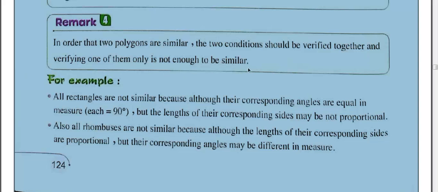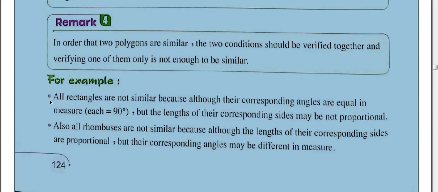For example, all rectangles are not similar because although their corresponding angles are equal in measure, each equal to 90 degrees, the lengths of their corresponding sides may not be proportional. Also, all rhombuses are not similar because although the lengths of their corresponding sides are proportional, their corresponding angles may be different in measure. It's very important, okay, about rectangle and rhombus.